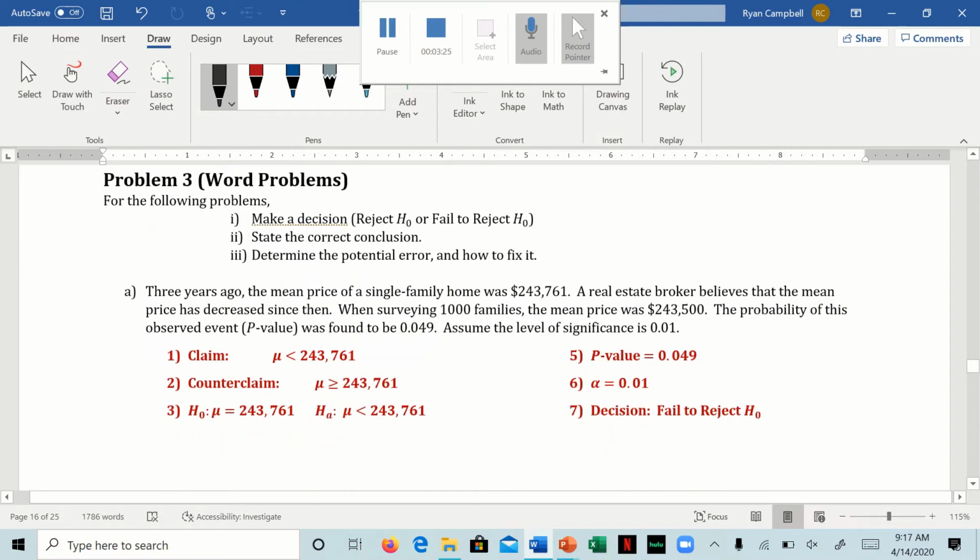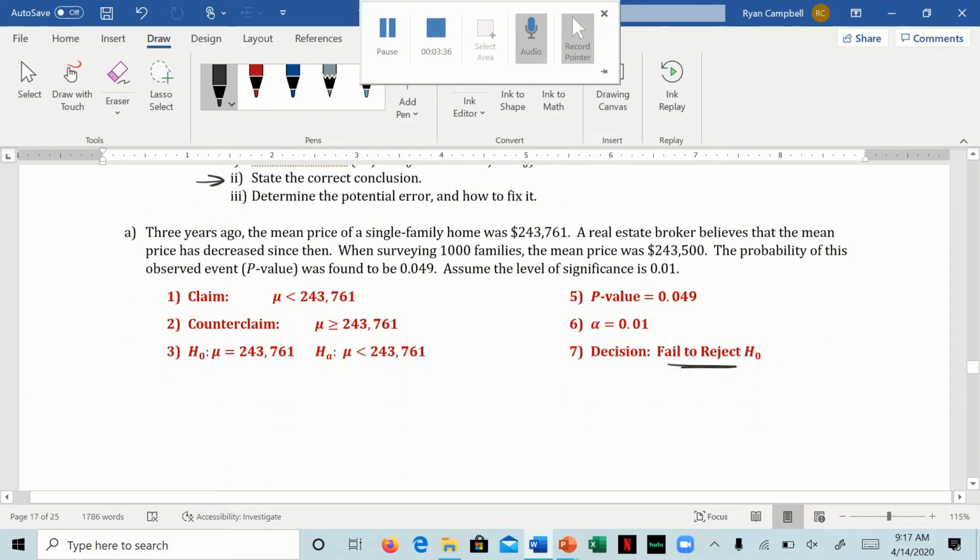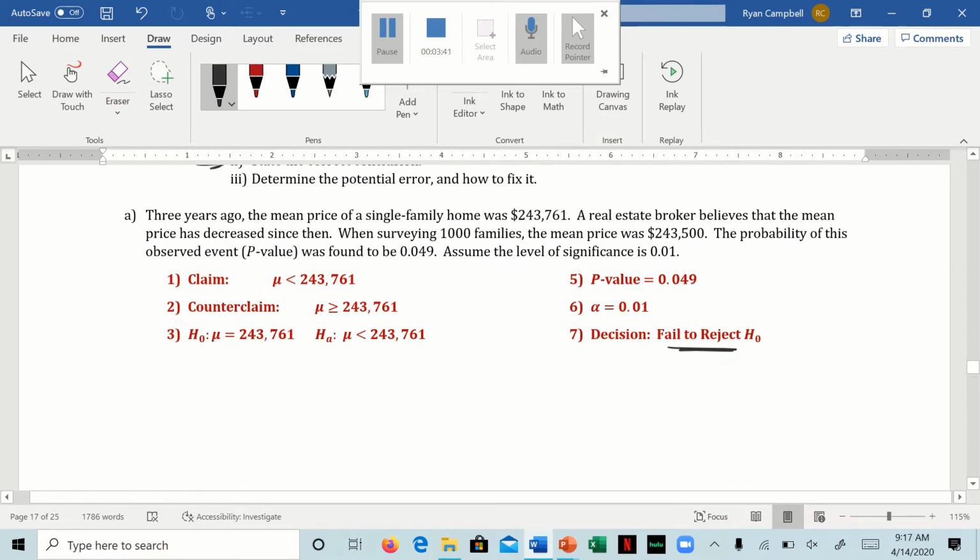All right, so let's go back through these examples that we've already gone through. Number 3, and now we're going to just state what the conclusion is. So part A, we said our conclusion was that we failed to reject. So since we failed to reject, was there enough evidence? No, there was not.